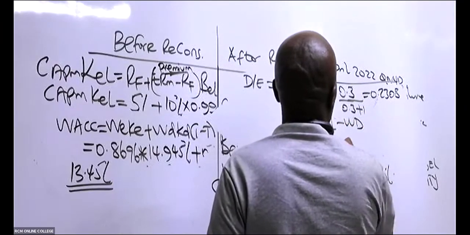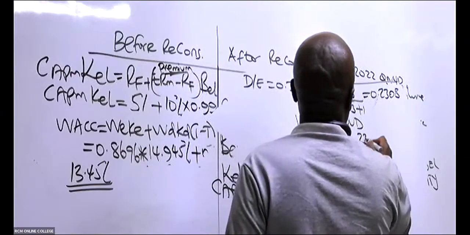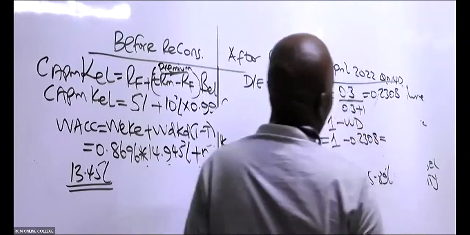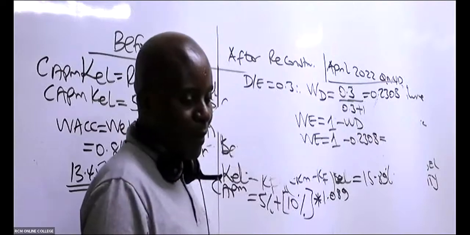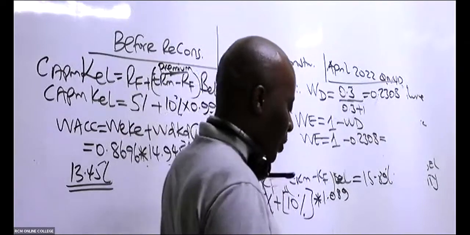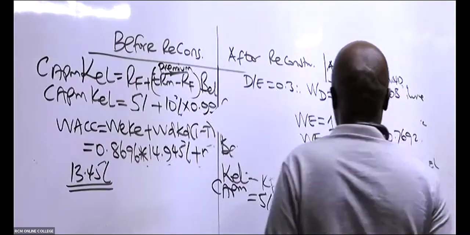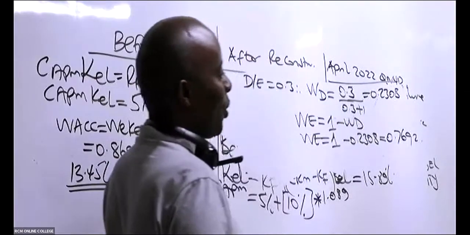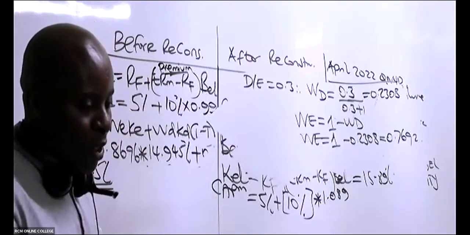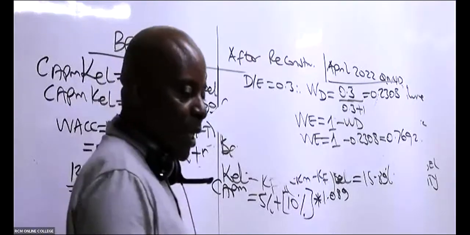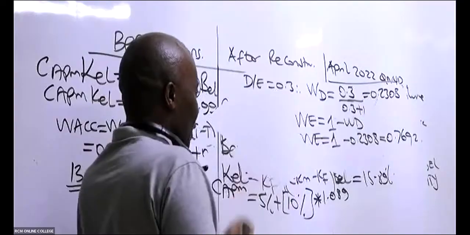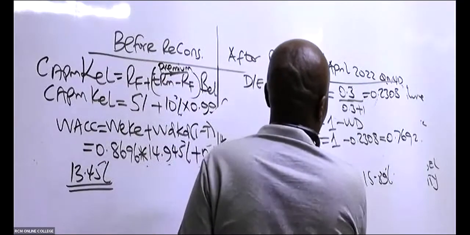So the weight of equity will be 1 minus 0.2308, which will end up giving me what figure? 0.7692.